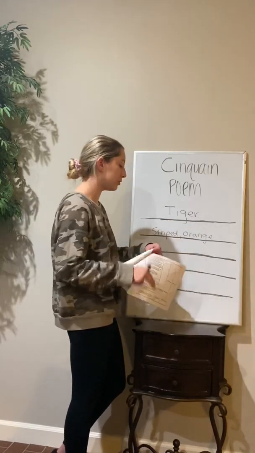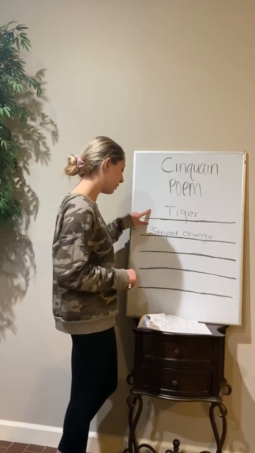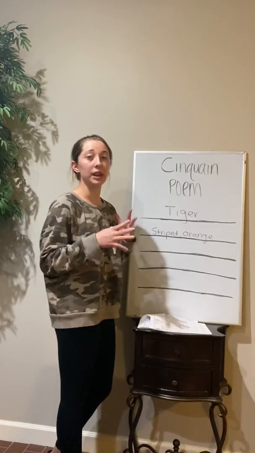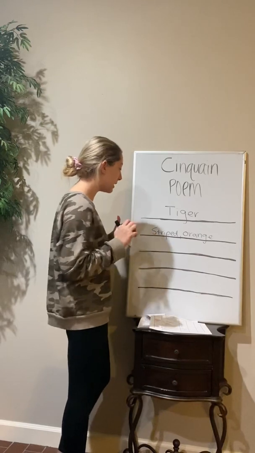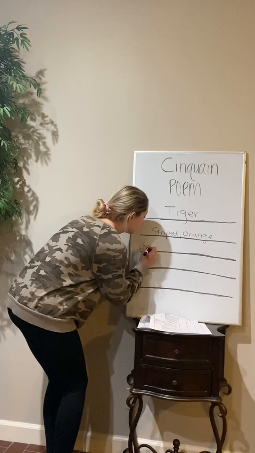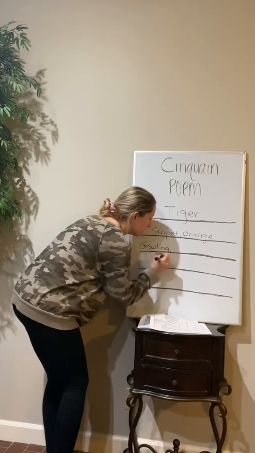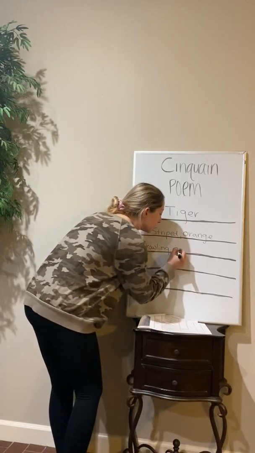Okay, for our third line, that would be our action line. So we'll choose three actions that this topic would do. So a tiger, when we think about a tiger, what are some things we think of that they would do? Three that come to mind to me would be growling, tigers growl. And then we could use pouncing, tigers pounce.